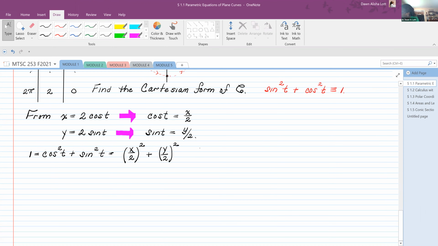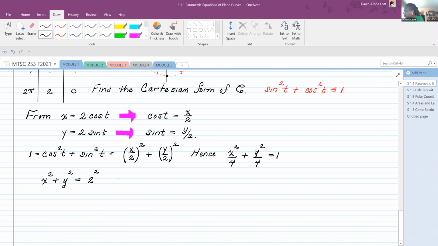Hence, I get x squared over 4 plus y squared over 4 is equal to 1, or x squared plus y squared is equal to 2 squared.